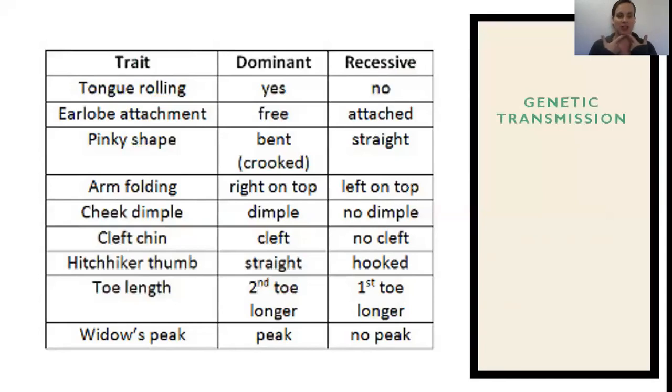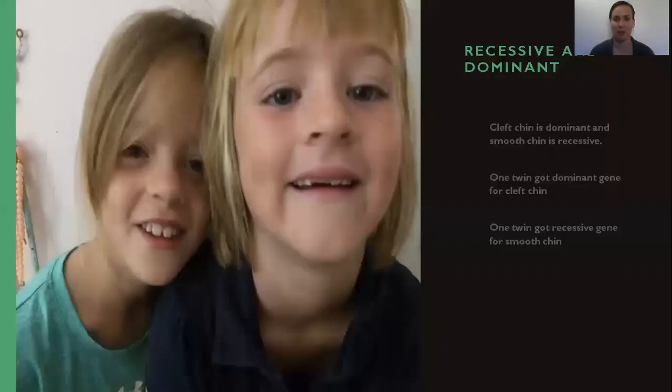Cheek dimples, cleft chin, how your thumb is, your toe length. I have a significant widow's peak, and I get that from my dad's side. All of these things are dominant and recessive, and they are part of our genetics. Here is a very poor iPhone picture of my daughters, but because they are twins, they are a really good example of dominant and recessive traits.